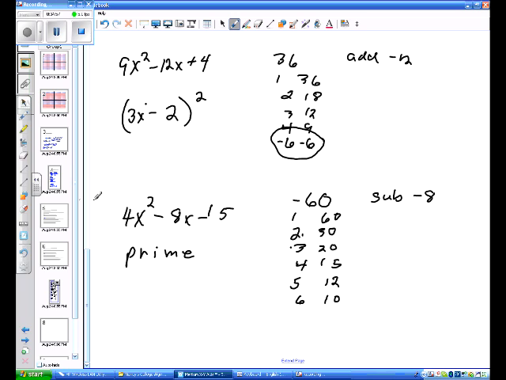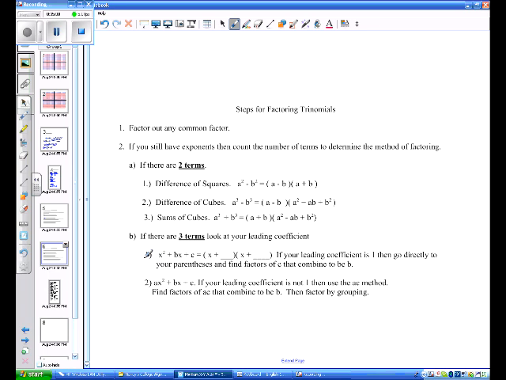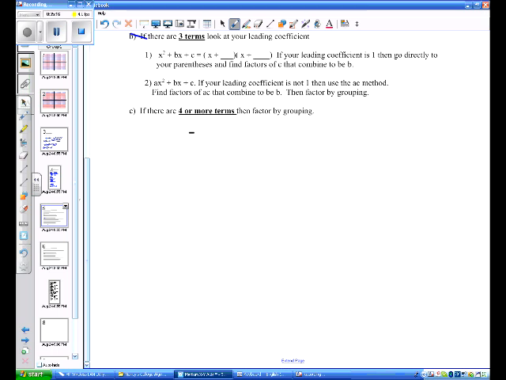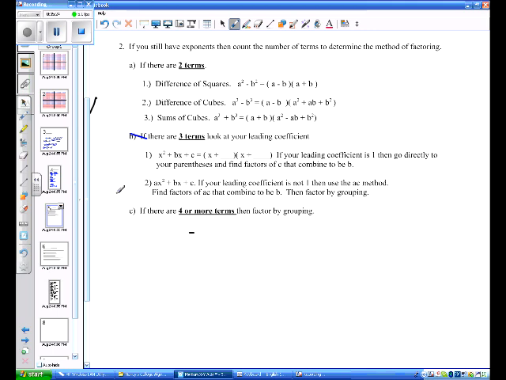All right, we've got one other way that we need to look at, one final thing. If you've got 4 or more terms, then you're going to factor by grouping, which is what we just did with our 4 terms in that case. So all that you're doing if you've got 4 or more is factoring by grouping, which would be a matter of taking a problem such as x cubed minus 3x squared plus 4x minus 12.